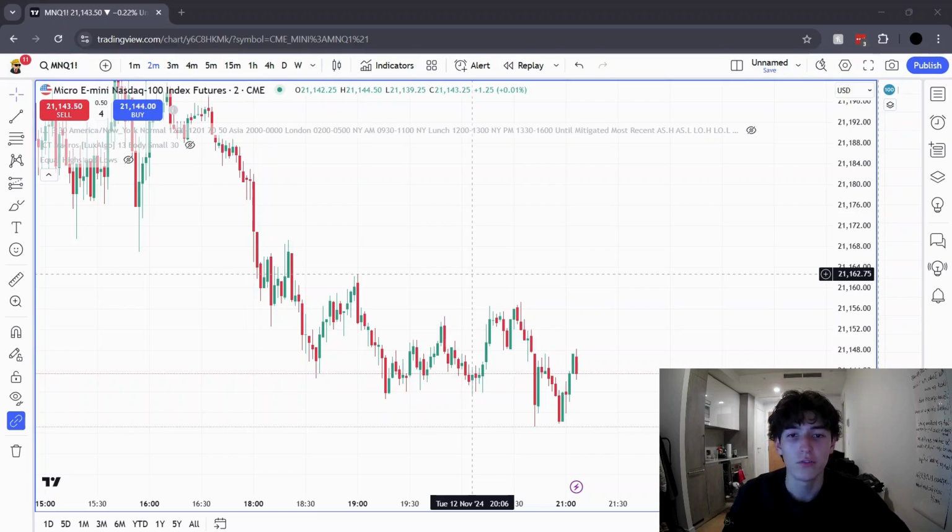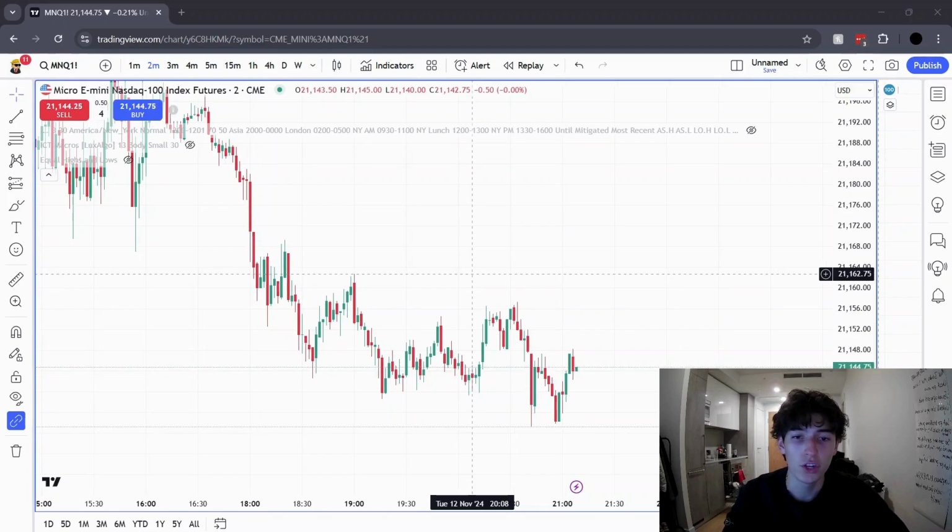For example, at a very obvious high, there's going to be liquidity above that high because people are going to be placing their stop orders above that high. Liquidity is basically just a bunch of orders so that the market movers, the big institutions, can then fill all of their orders.